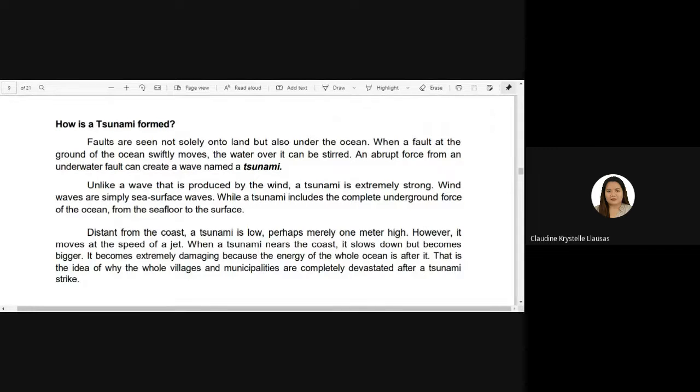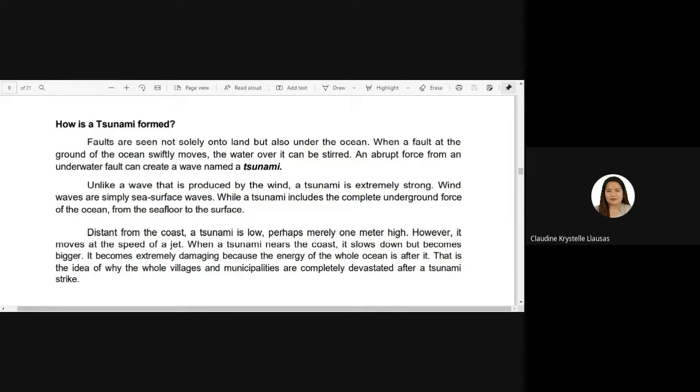Ang tsunami gikan sa ubos, sa ocean plates, naay movement, mo-earthquake, then that produces big waves, and that is what we call a tsunami. And dili siya hinay. A tsunami is extremely strong. Wind waves are simply sea surface waves sa ibabaw lang, whereas ang tsunami gikan sa ilalom.